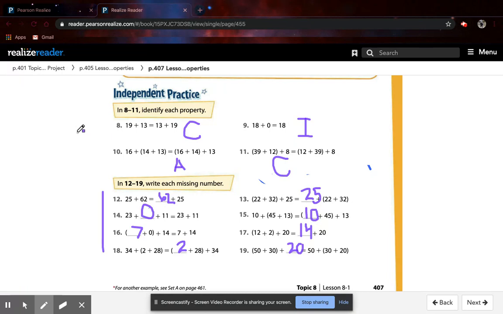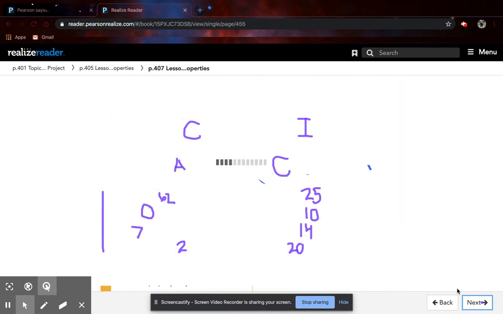So on page 408, I know some of them have to do, yes, with the topic that we're working on. So it has to do with lesson 8-1. But some of them are also just reviews. Like if you look at 23, sorry, I have a book in front of me too.